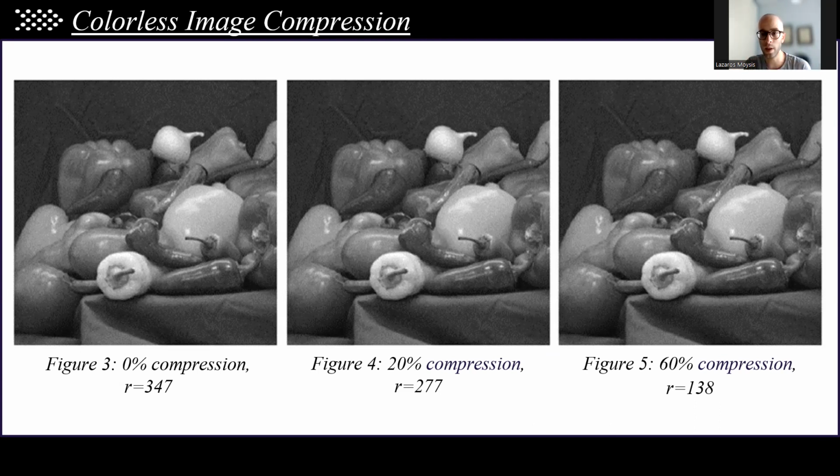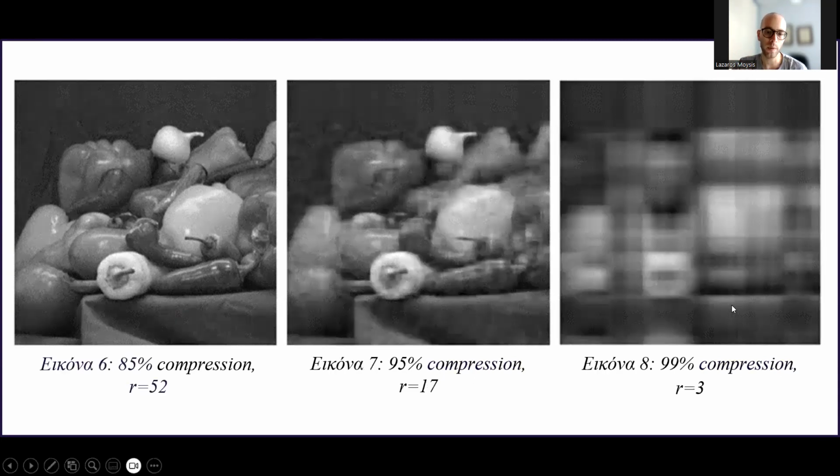And you will see that if I do a 60% compression, so keep only 40% of the singular values, again, here we have a lot of compression, but still visually, the image doesn't seem to have that much of an extreme loss, right? But you can save a lot of space in saving this image. And I have some more results.